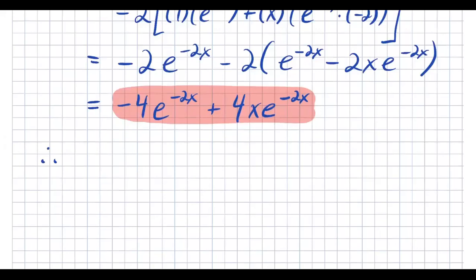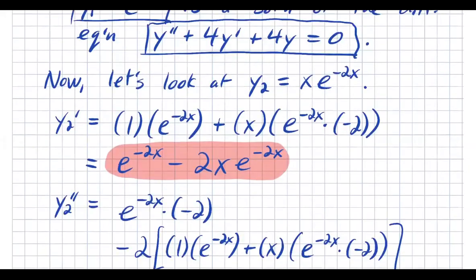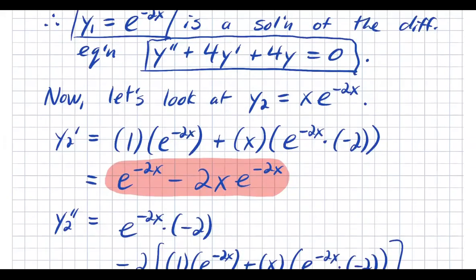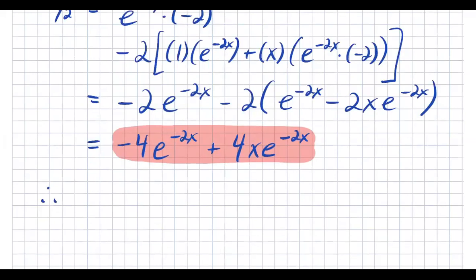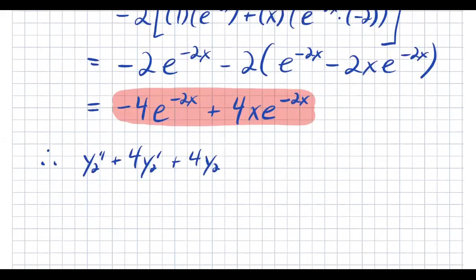So therefore, what do we have? Our differential equation is y'' + 4y' + 4y. So y2'' + 4y2' + 4y2. We're going to plug it into that differential equation and we'll see if we get 0.